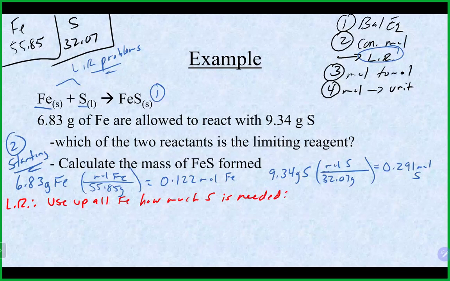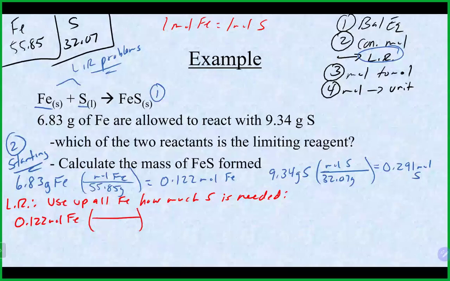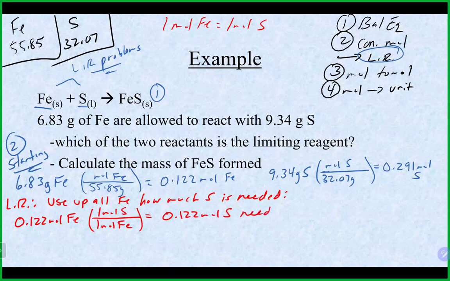We'll take the moles of iron, which is 0.122 moles. We go to the equation and see that for every 1 mole of iron, we get 1 mole of sulfur. That's our stoichiometry relationship. So 1 mole of iron to 1 mole of sulfur means 0.122 moles of sulfur is needed.